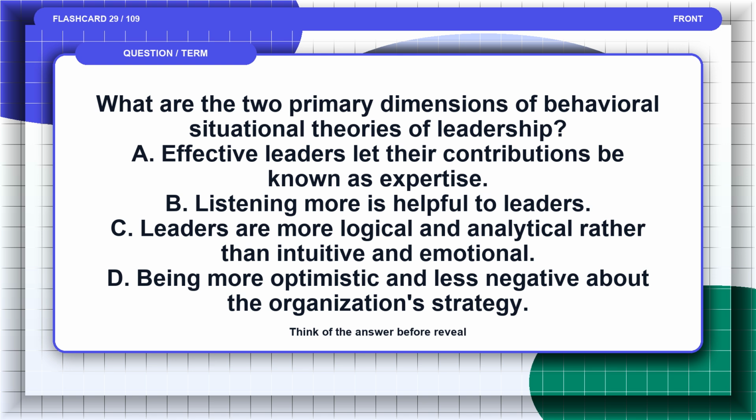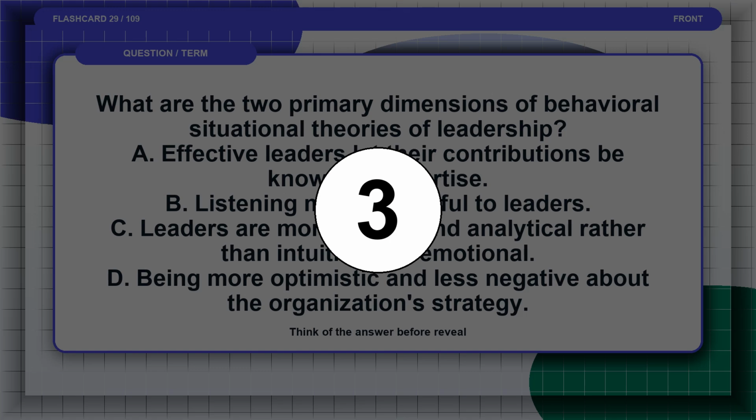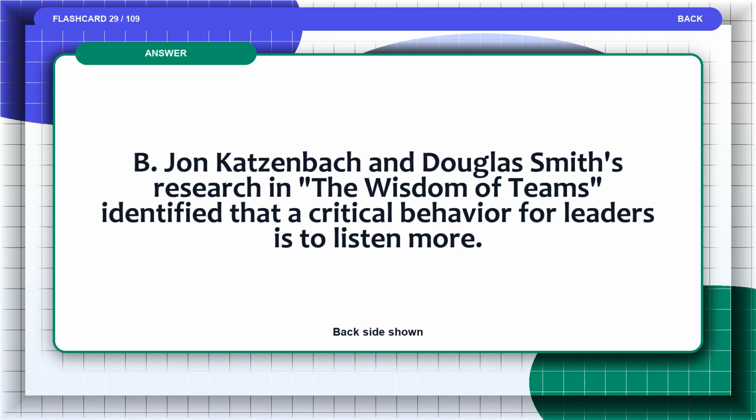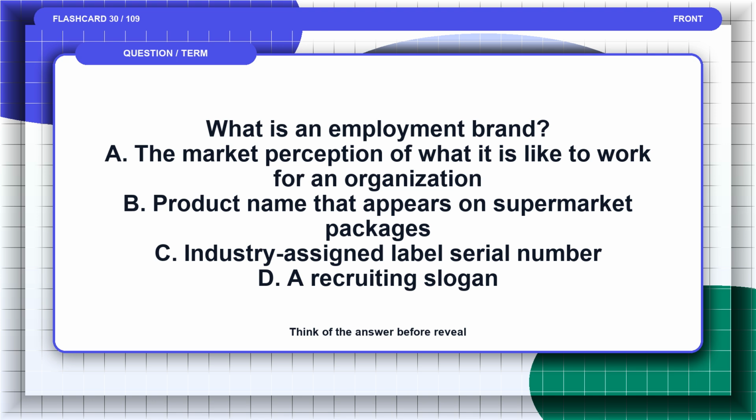D. Being more optimistic and less negative about the organization's strategy. Pause and think of the answer before the reveal. The answer is: John Katzenbach and Douglas Smith's research in The Wisdom of Teams identified that a critical behavior for leaders is to listen more.